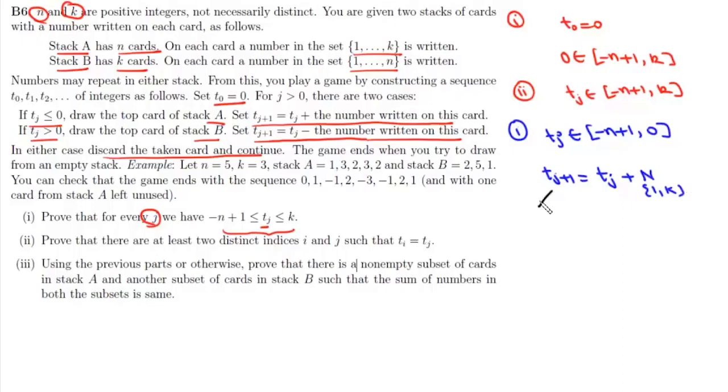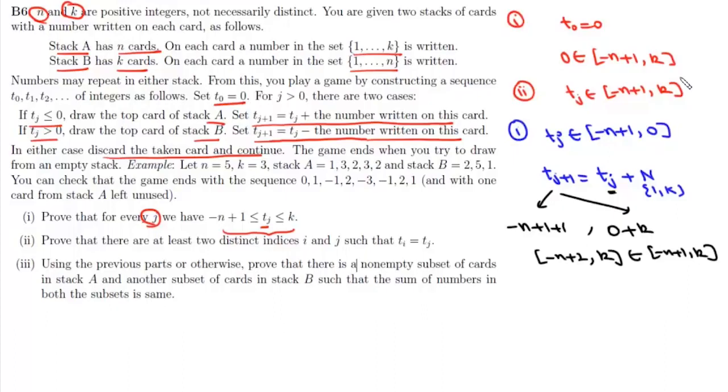Now the smallest value of tj plus 1 is, when this value is smallest, minus n plus 1, and the smallest card, which is plus 1, and its maximum value is 0 plus k. So this tj plus 1 will lie in minus n plus 2 and k, which lies in minus n plus 1 to k, which proves our result.